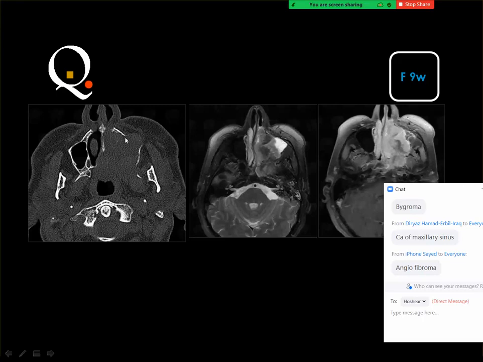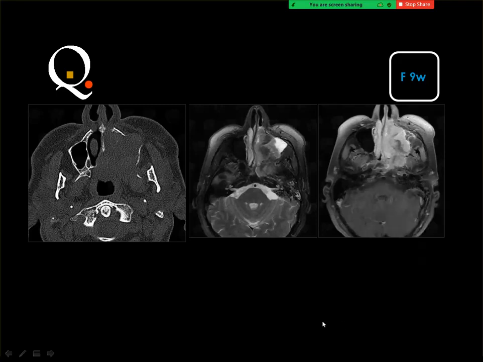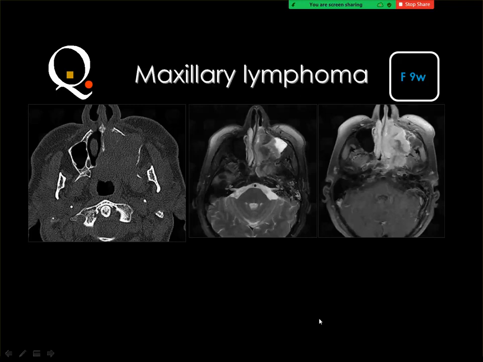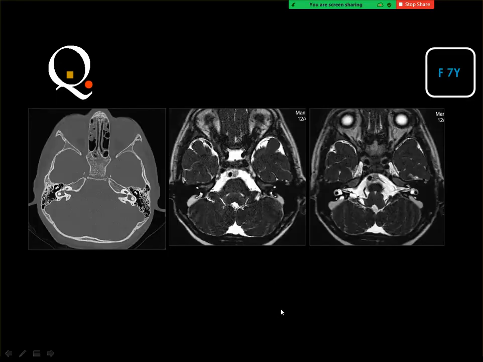It is actually in the maxillary sinus, centered over the sinus itself, with some retained secretions, and there is significant post-contrast enhancement. Then you think of carcinoma, yes. If you are asked about the differential diagnosis, you say that maybe lymphoma or metastasis, and this has been proved by biopsy to be a lymphoma. Actually, the diagnosis of carcinoma should be first because it is much more common than lymphoma.